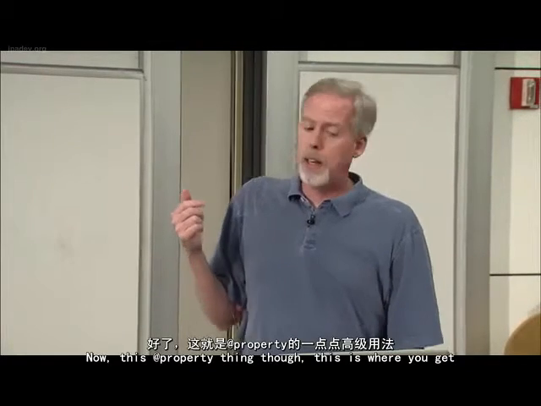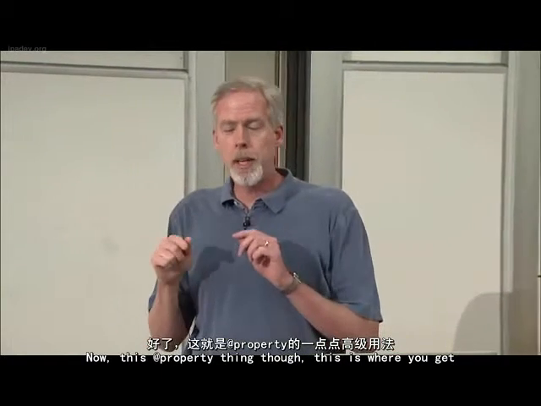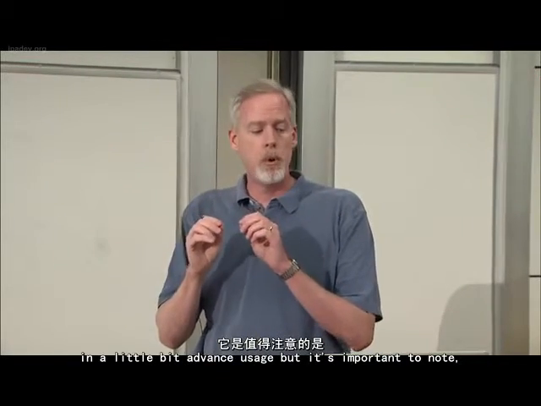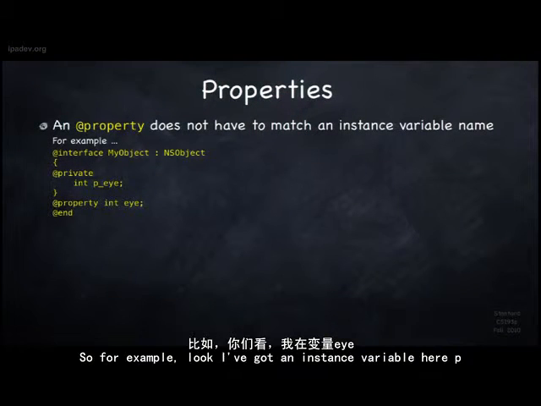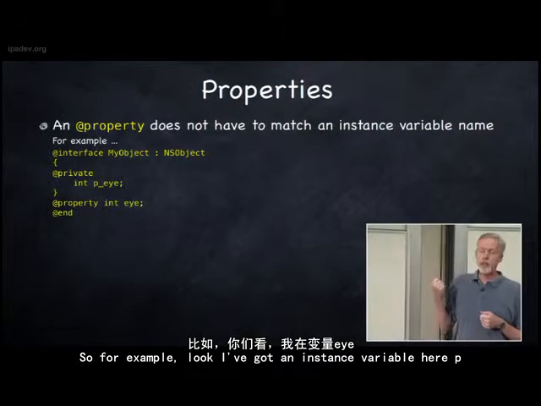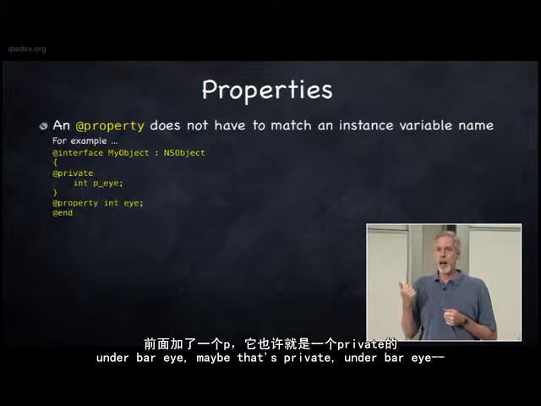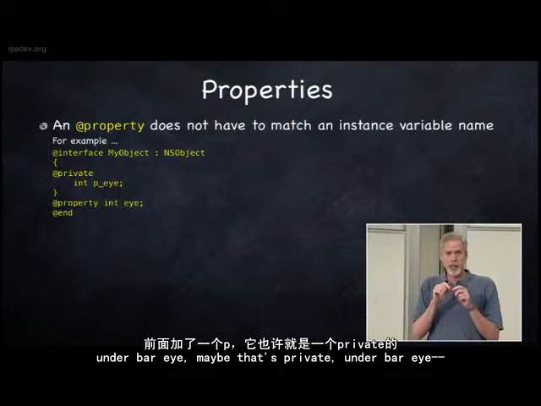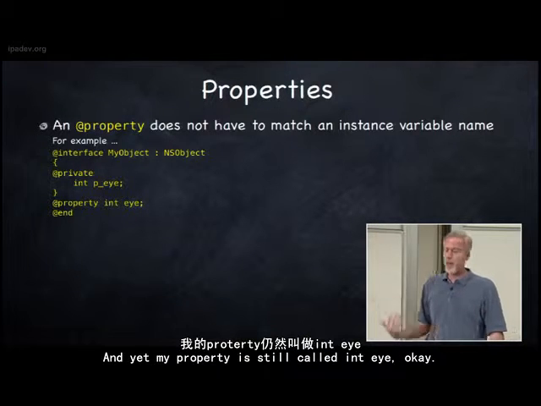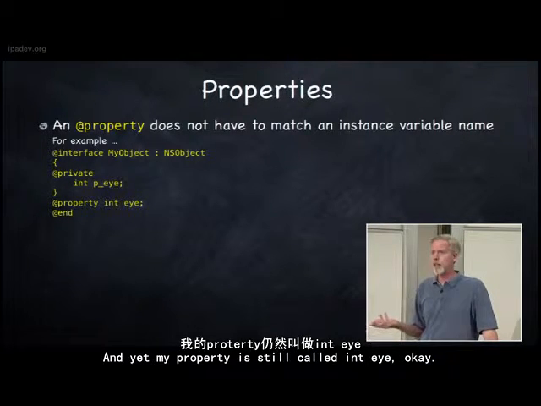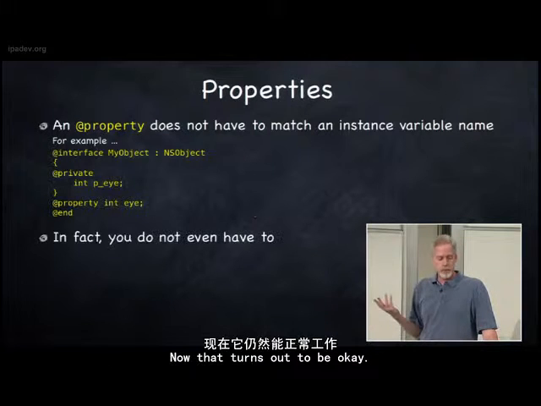Now, this @property thing, though. This is where you get to a little bit advanced usage, but it's important to note, it doesn't have to match the name of your instance variable. So for example, look, I've got an instance variable here, p underbar I, maybe that's private underbar I, I put p underbar under my private instance variables, and yet my property is still called int I. Now, that turns out to be okay.